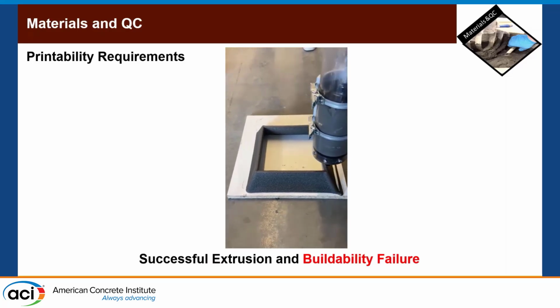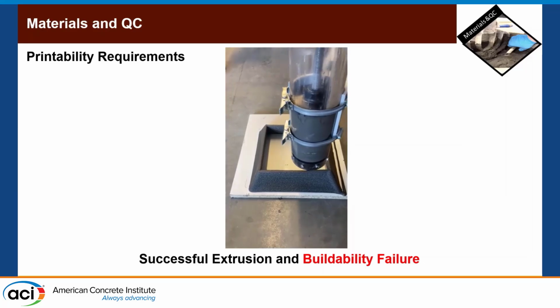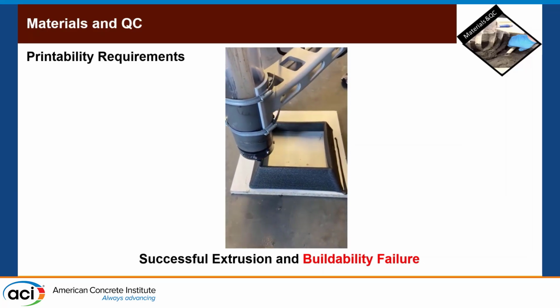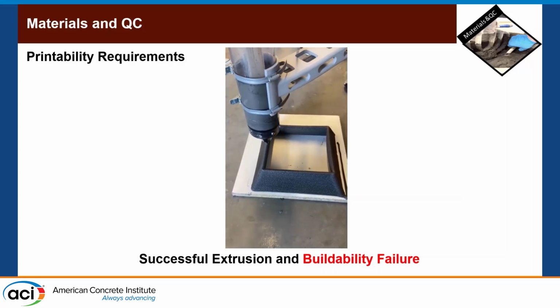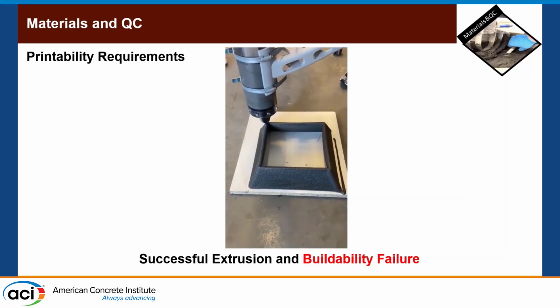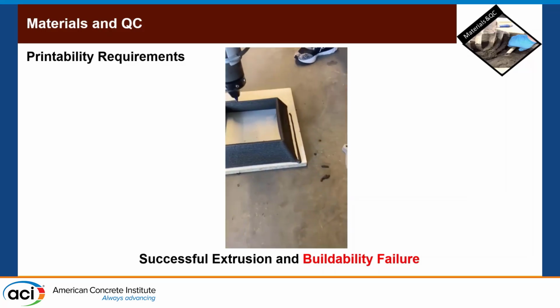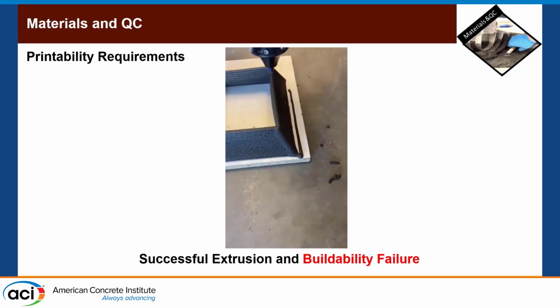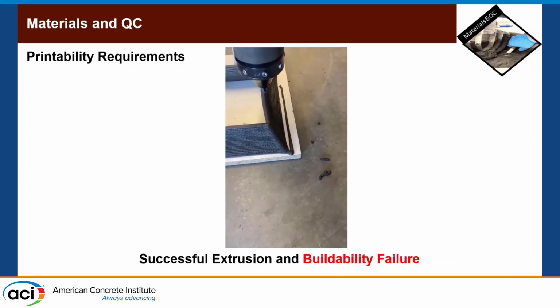This is part of what I saw. I'm from Egypt, so I like to print pyramids. So I have a successful extrusion, but it looks fun actually when you fail. This was a buildability failure. I think we printed 25 layers on a slope with a very small nozzle, a 6 millimeter nozzle.